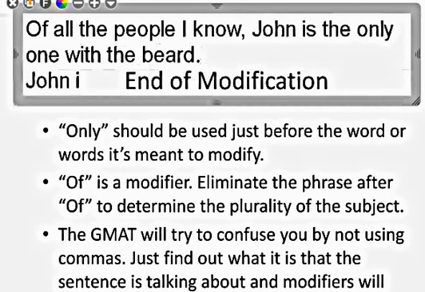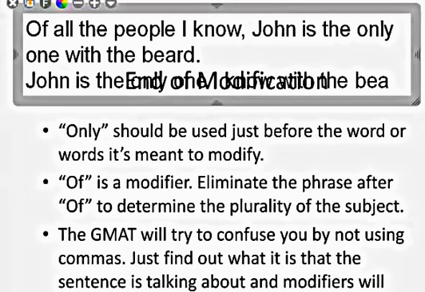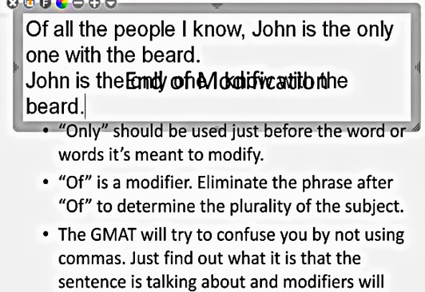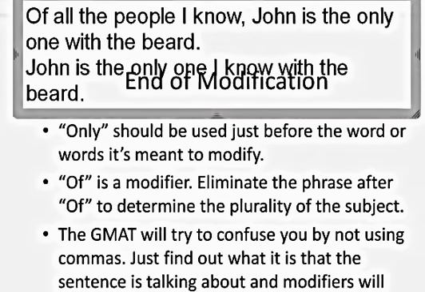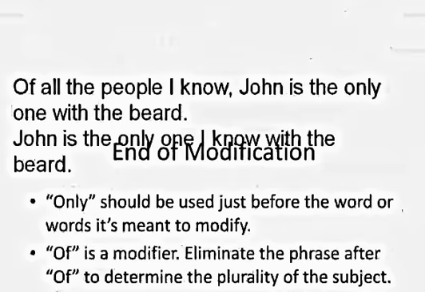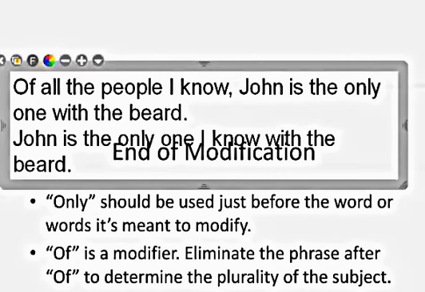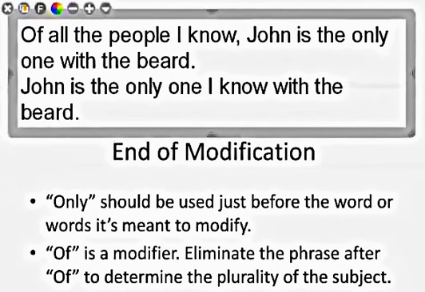What if I reconstruct it? Of all the people I know, John is the only one with the beard, and the second sentence is John is the only one I know with the beard.